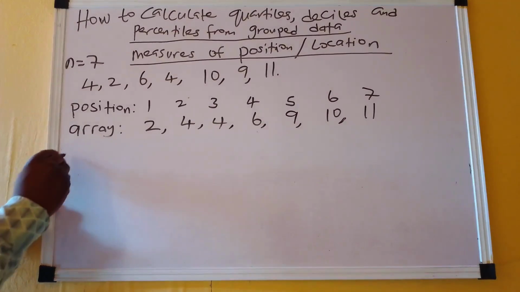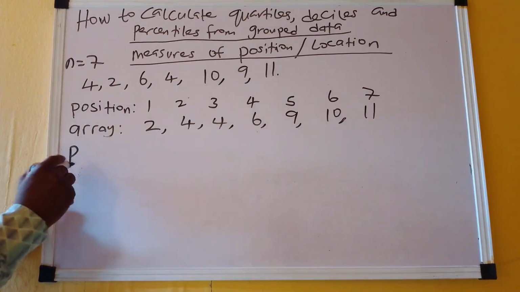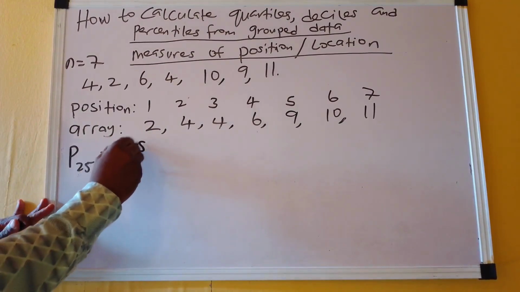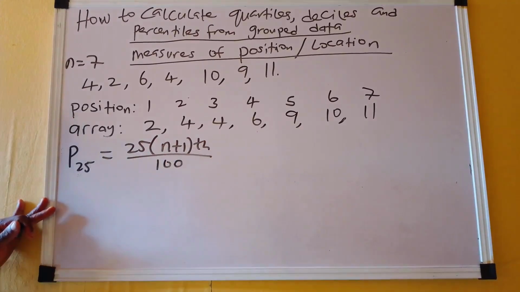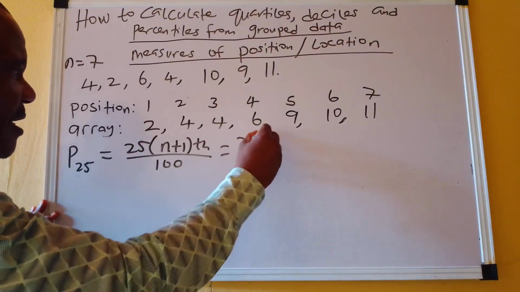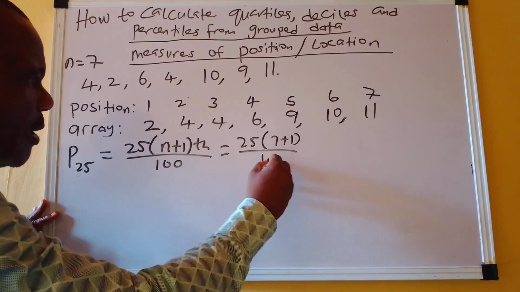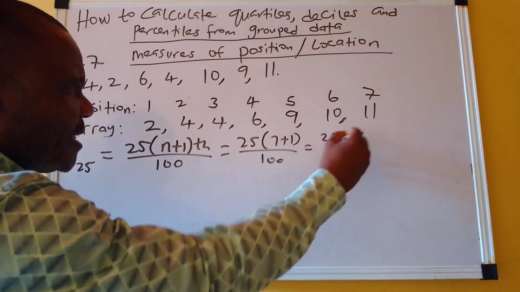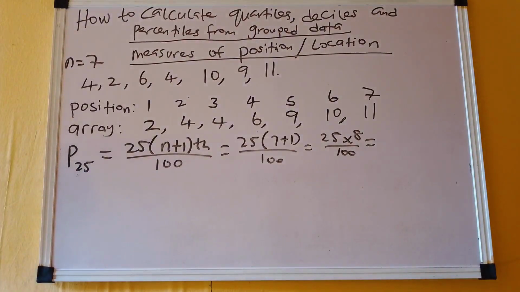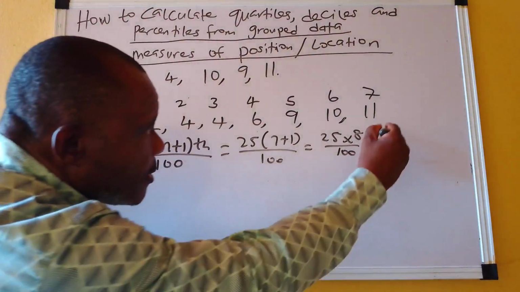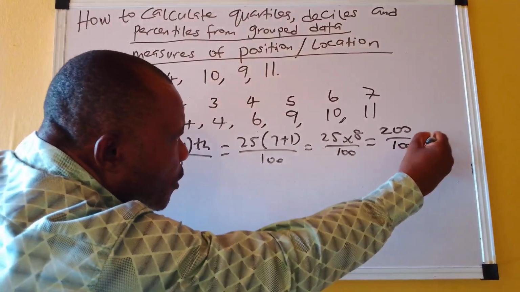Now let us start by calculating the 25th percentile, P25. This is simply 25 into (n plus 1) position all over 100. And that is simply 25 into (7 plus 1) all over 100, which is 25 times 8 all over 100, which is 200 over 100, and is equal to 2.